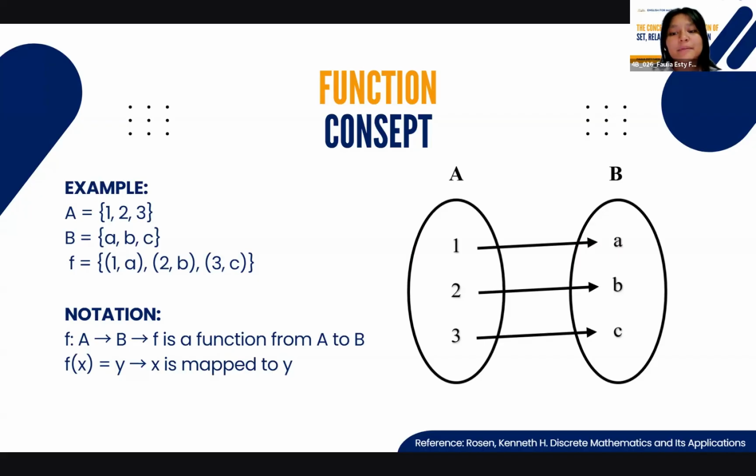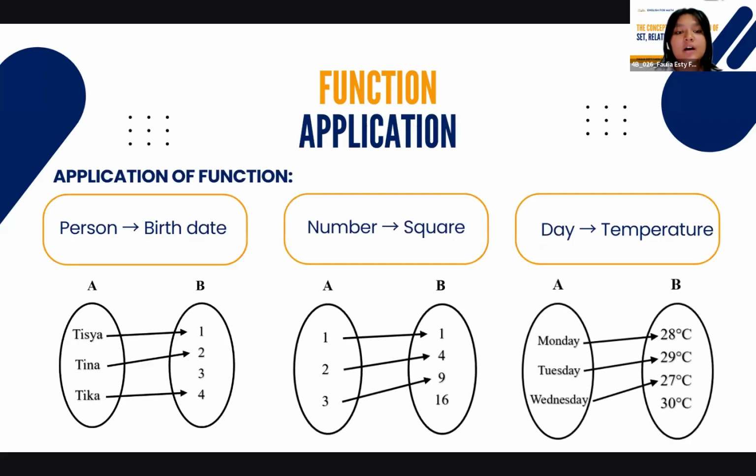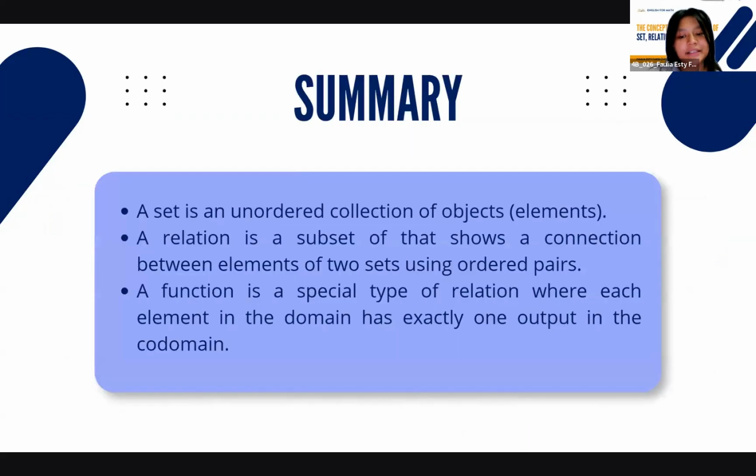Now, let's look at the application of function. For example, person and birthday, number and its square, and day with the temperature. Alright everyone, now let's move to the last part, summary. Let's review what we have learned today.